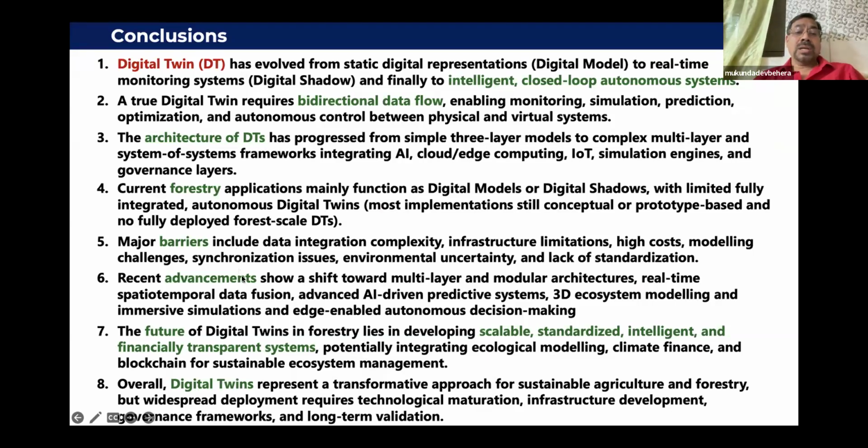The architecture of digital twins has progressed from simple three-layer models to complex multi-layer and system of systems framework integrating AI, cloud-based computing, IoT, simulation engines, and governance layers.